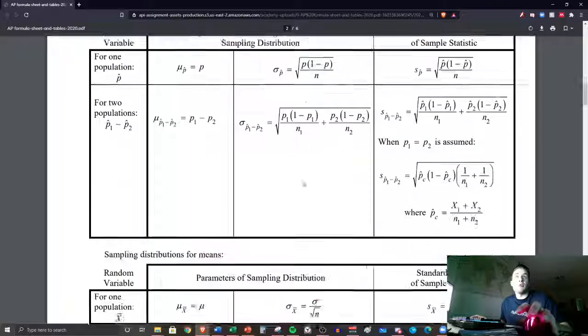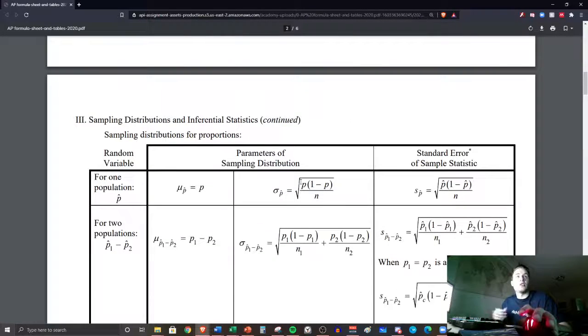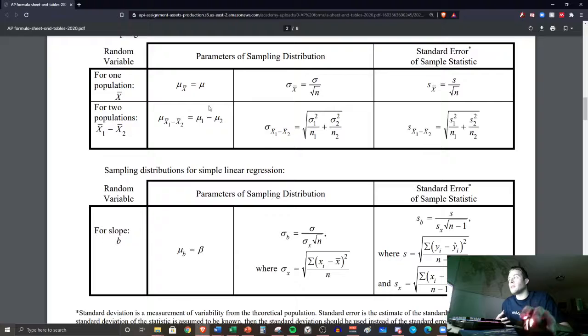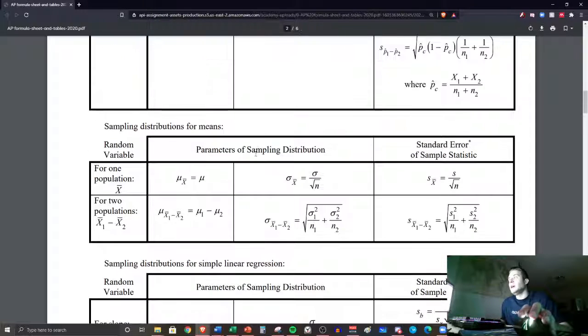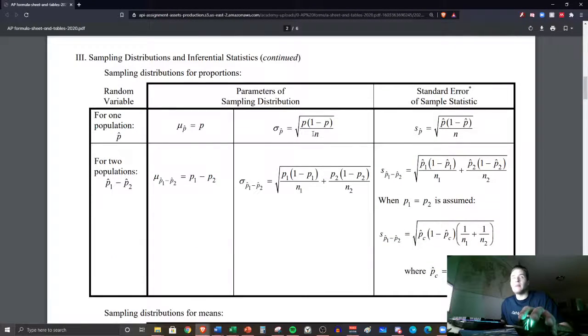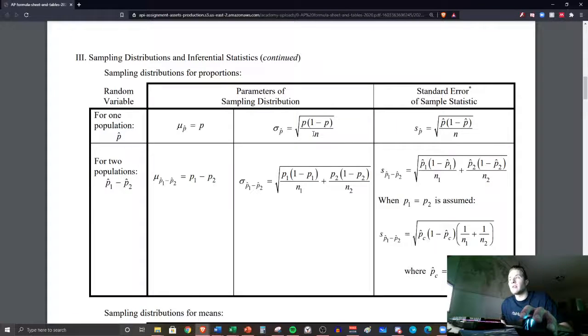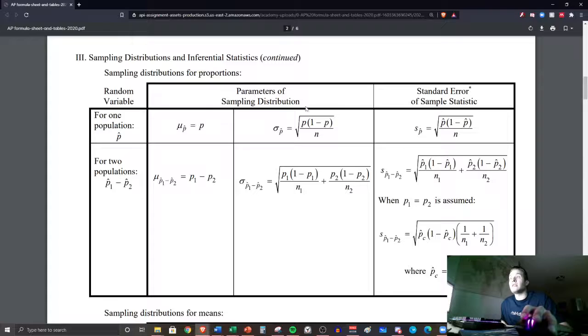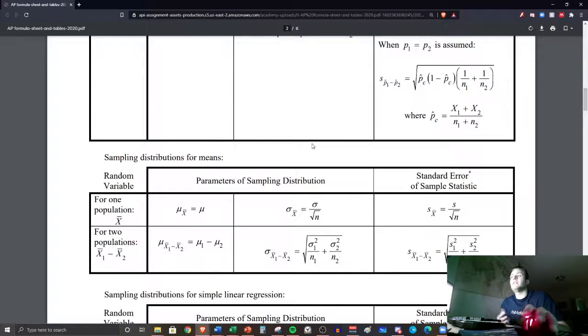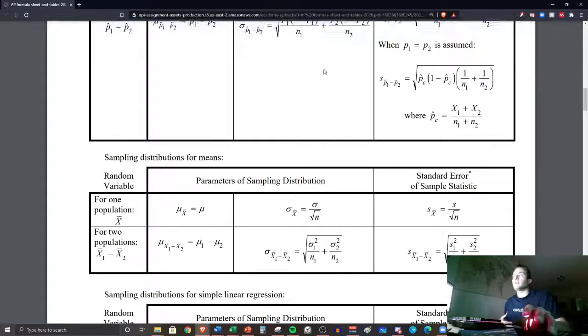You can't forget the central limit theorem, of course, to show that there is normality for means. For proportions, you have that n times p is greater than or equal to 10, and n times 1 minus p is greater than or equal to 10 for normality. Then you also have to check for independence with the 10% rule. So all of that needs to be checked when you're doing a free response question.